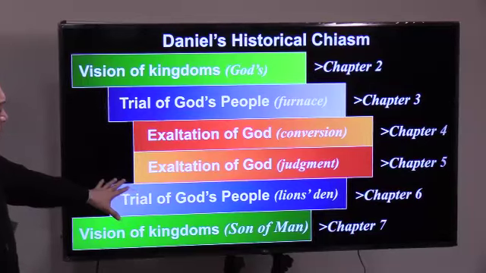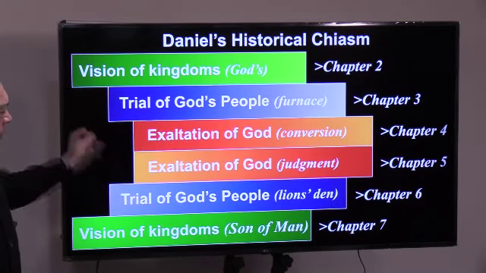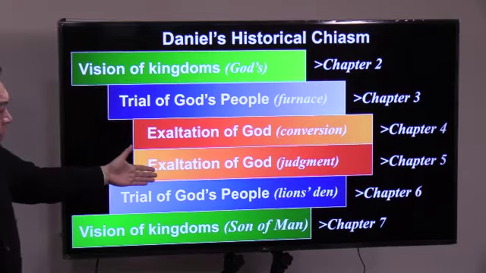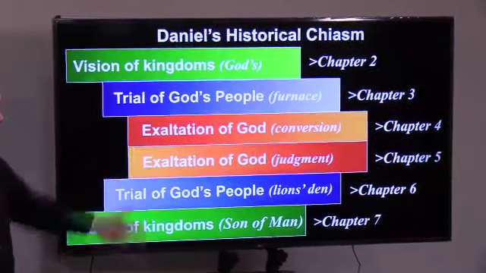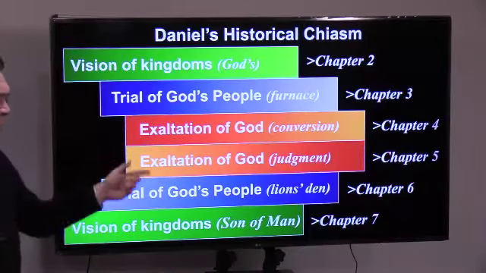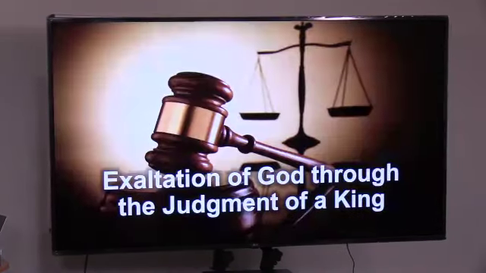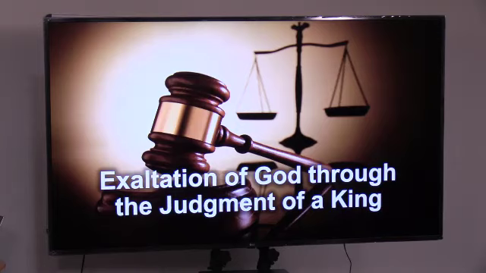The chiasm basically tries to tell you that God must be exalted above all other gods. And in this particular story, we got both Nebuchadnezzar and Belshazzar exalting God, one through conversion, the other through judgment and his fall. So God is exalted in the judgment of a king, which is what we cover in our lesson for this week.